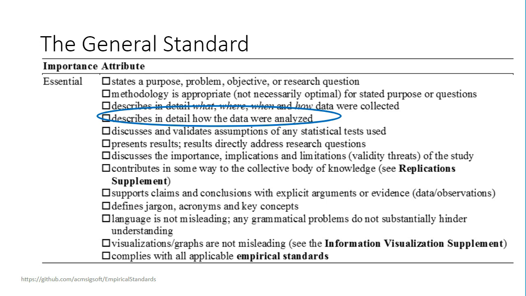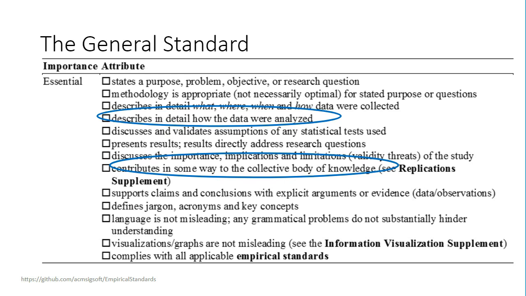The general standard's essential attributes are intended as replacements for typical criteria given at conferences. For example, the novelty criterion is forever being misused. So instead, we talk about whether the paper contributes to our collective body of knowledge. A replication, by definition, isn't novel, but it still contributes to the body of knowledge.